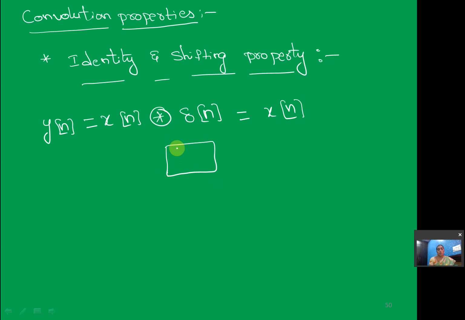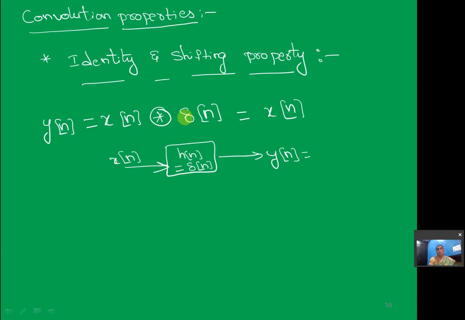Observe here, h of n is the system. If this system response is del of n, and I am taking x of n as input, the system output is y of n. This y of n is nothing but x of n convolved with h of n. Here h of n is del of n.